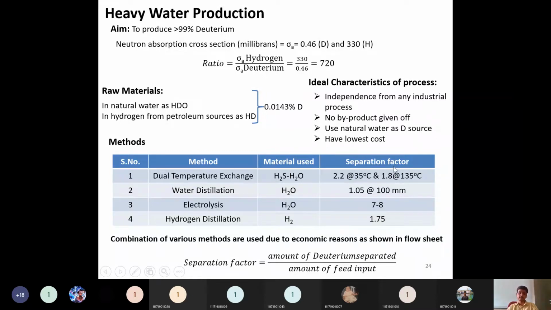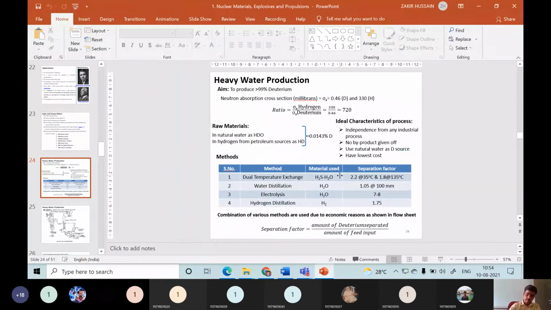In the dual temperature process there are two temperatures, a low temperature and a high temperature. The low temperature operation is performed at 35 degrees centigrade, with a separation factor of 2.2. For the high temperature, the separation factor is 1.8. So the separation factor for the low temperature is, I think, 2.8. Okay, this is 2.8, not 2.2.